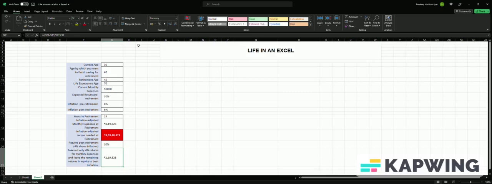I always plan worst case and think best case. But for planning, I always do the worst case planning. So I'm assuming that my income from trading would be zero, right?